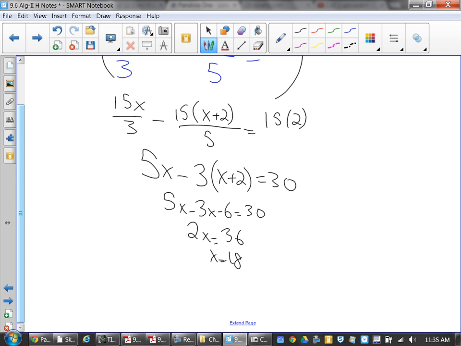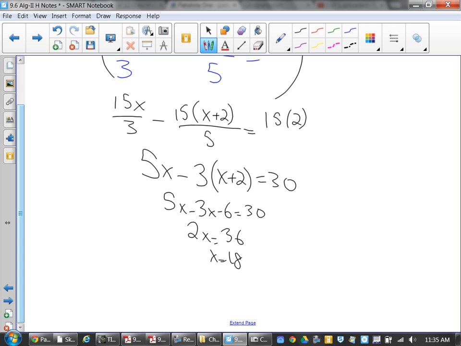You should get 18. Got that negative, didn't you? Yep. That's where you're going to screw up. Careful when you distribute out a negative.